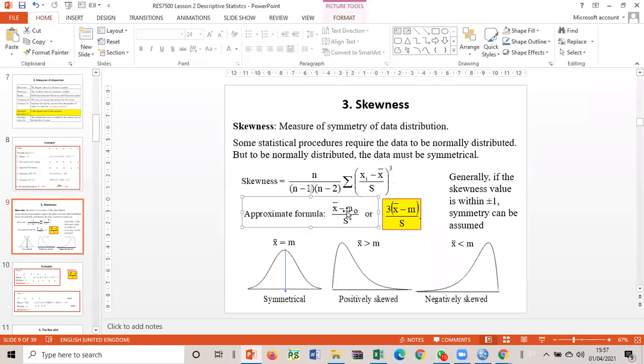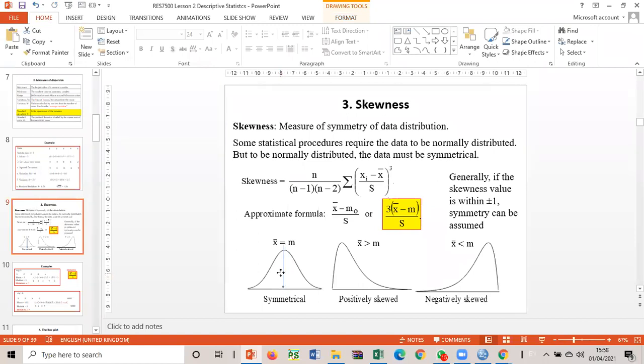I've given three different formulas. This is the exact method. This is very difficult to understand, Doctor. Frankly speaking, you don't have to understand the formula. Look at the shape, the shapes of the three graphs. Describe the first graph. Is it symmetrical?